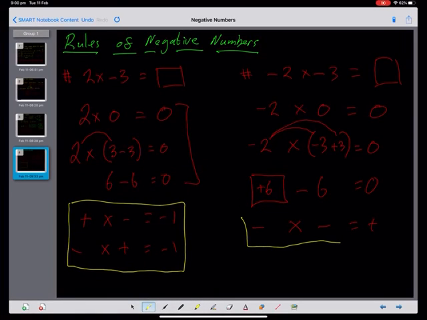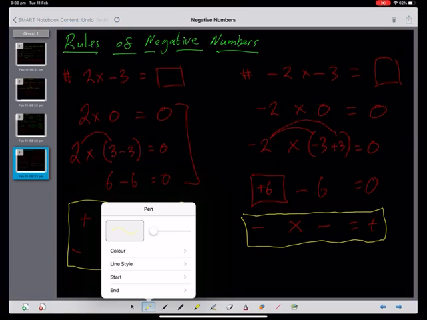Okay, now I would like you to pause the video and make sure you can understand this. This is really important, that you're able to understand that a positive times a negative is a negative, a negative multiplied by a positive is a negative, and a negative multiplied by a negative is a positive.